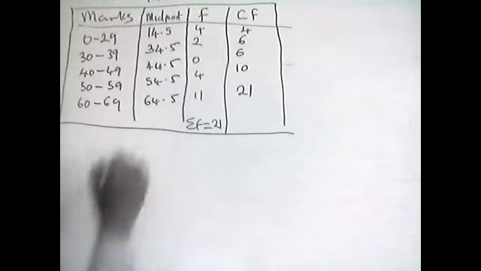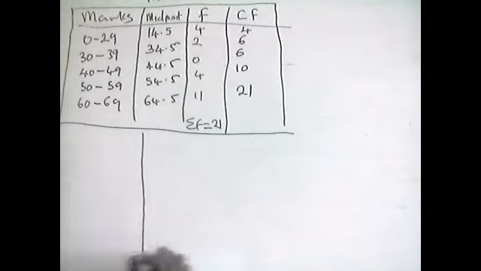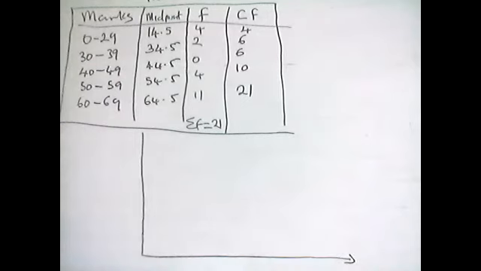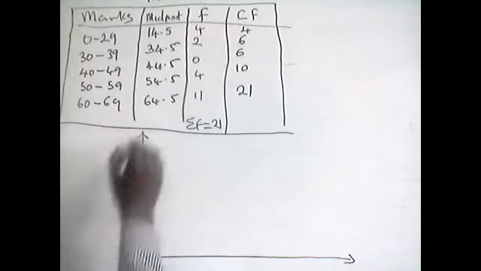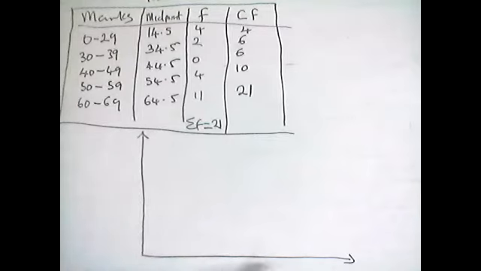So if I tell you to draw a histogram, I can just do this using the midpoint that we have. So this part here is simply for marks, and this part here, group A.